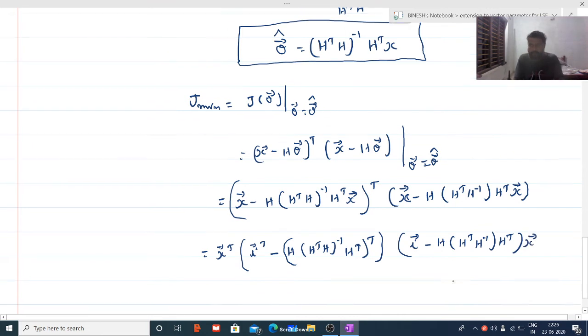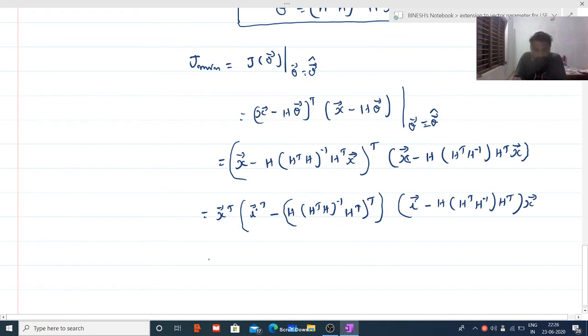So this changes to x transpose x minus that common term, H into H transpose H inverse H transpose x.